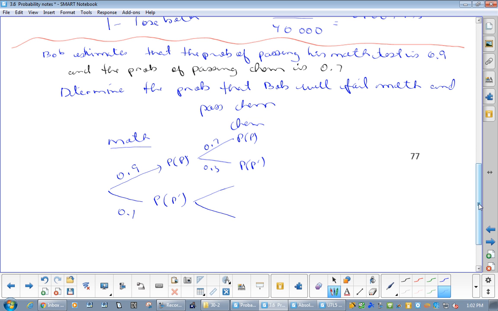And then again 0.7, probability of passing chem, and 0.3 the probability of failing, not passing chem. So there's four different scenarios. You could pass both, you could fail both, you could pass math, fail chem, you can fail math, pass chem.